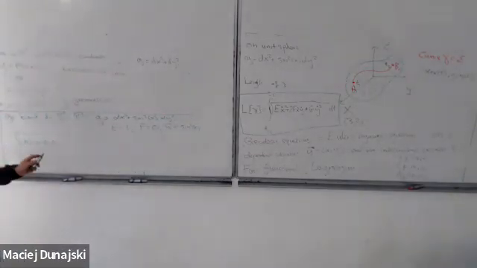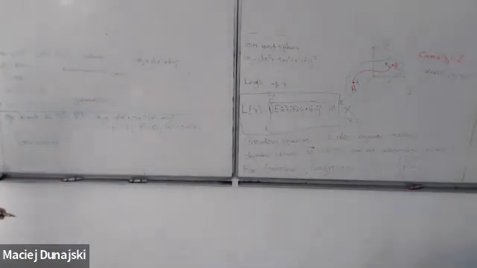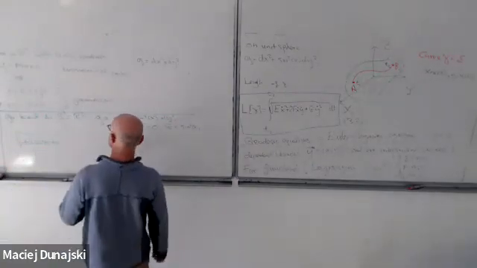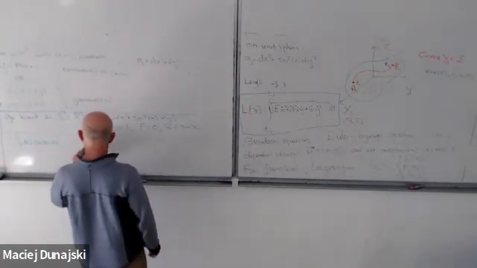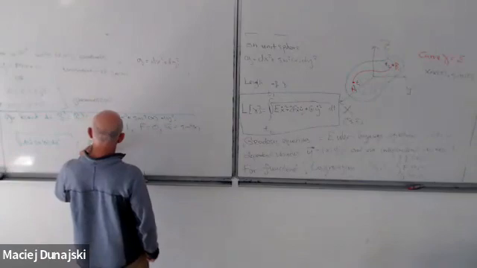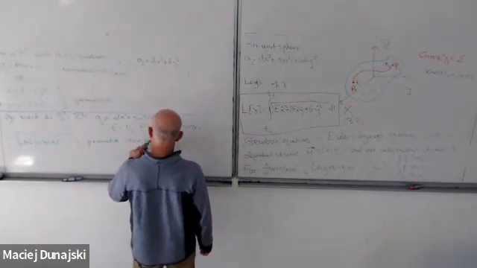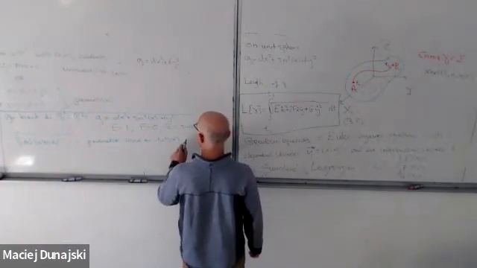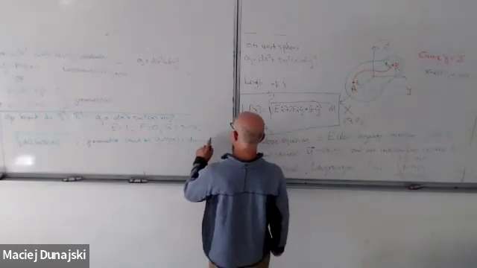Instead of thinking of x and y as functions of p as I did here, I can think of x as a function of y or y as a function of x, and parameterize my curve on the sphere that way. So let's say that I think of y as a function of x, and parameterize the curve as y equals y of x. If I do that, then dy becomes y prime dx.